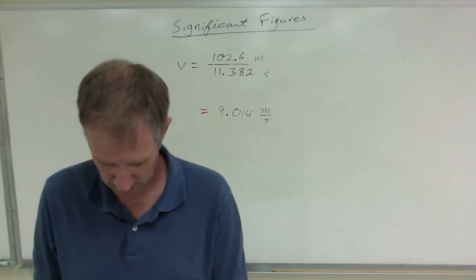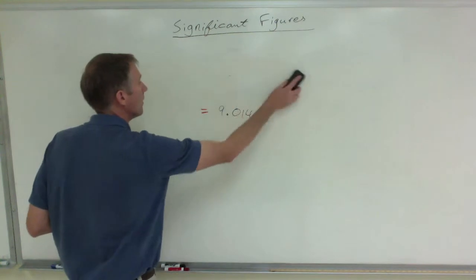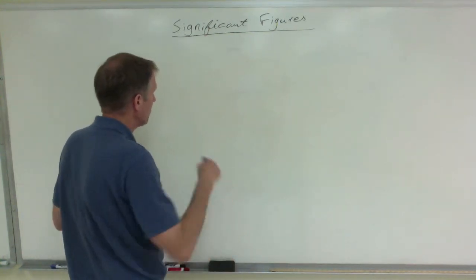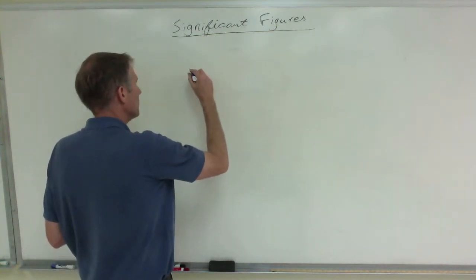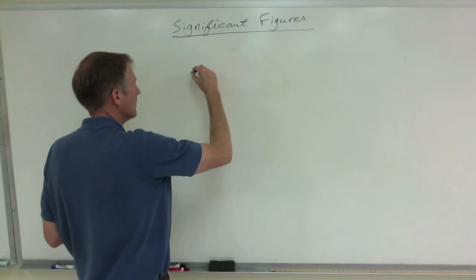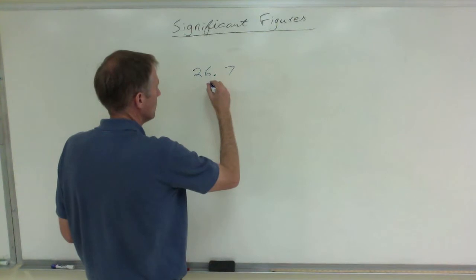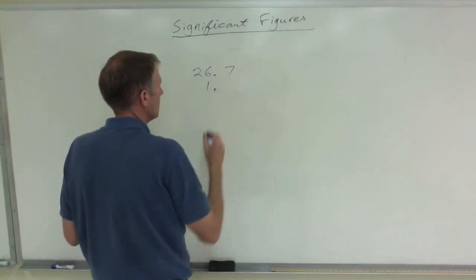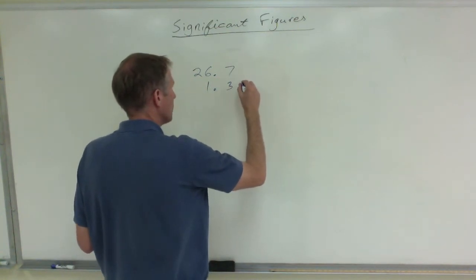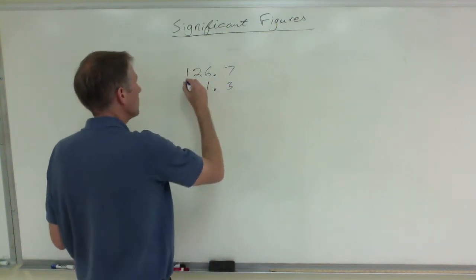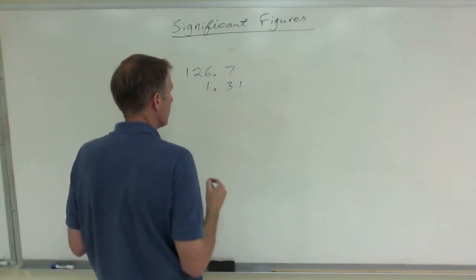One other thing on this, I don't want to beat this horse too much. When you are adding and subtracting, there's a different rule. So if I were to add 126.7 to 1.31.